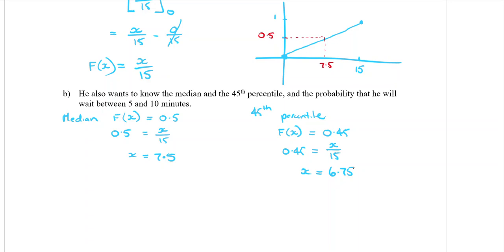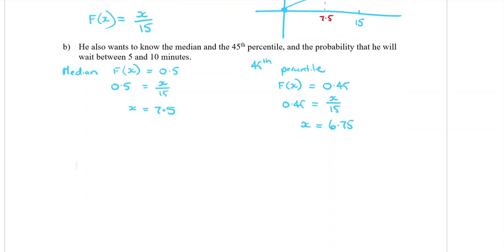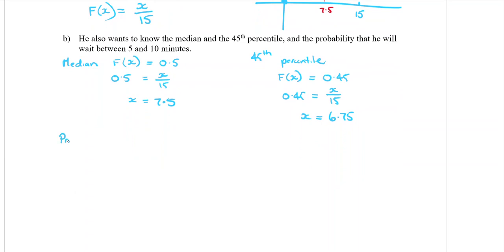Okay, there's still more. It says, what is the probability that he will wait between 5 and 10 minutes? Okay, so let's write this down. Probability that the wait is between 5 and 10 minutes. There's two ways you could do this.